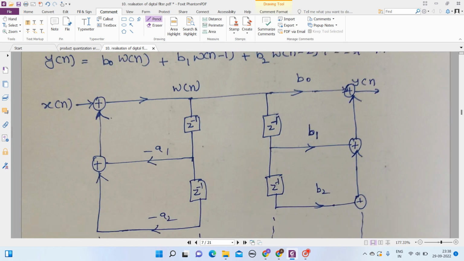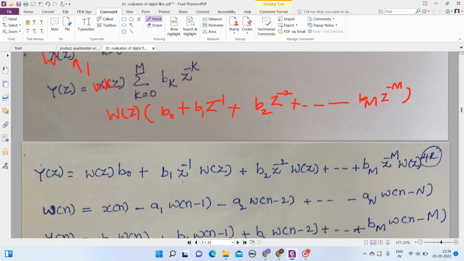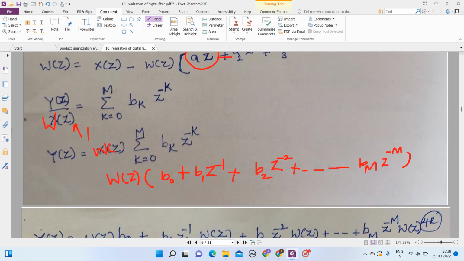That is the second half of the equation, right? Again, you have to expand this equation. Just take this W(z) here. In the second equation, substitute the k value from 0 to m. First the k value is 0: b naught, z to the power of minus 0, which means 1.